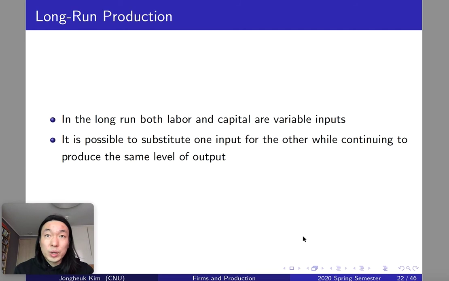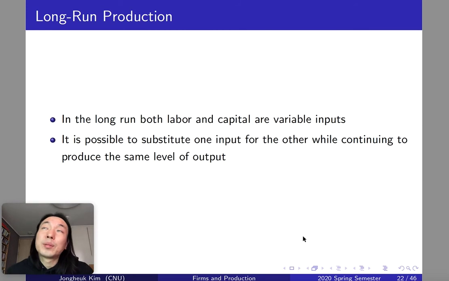So we made our problem a little bit simpler. But now we relax that assumption, so we assume that there are two inputs which are variable over time. So we can control the amount of labor and capital at the same time.